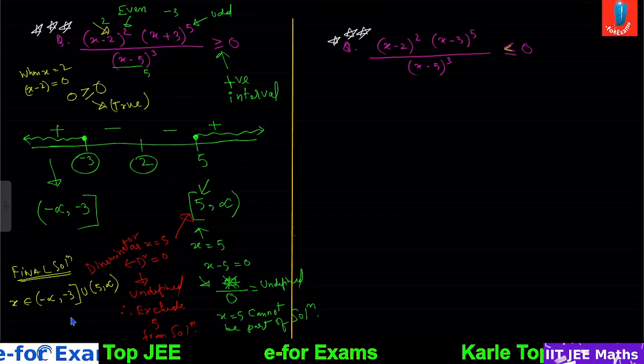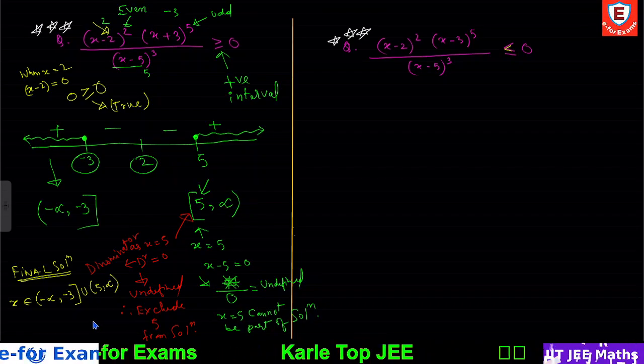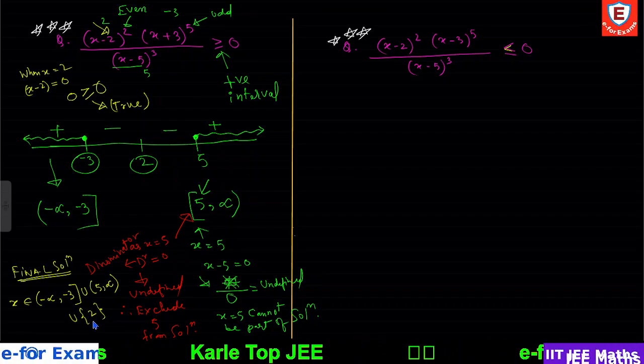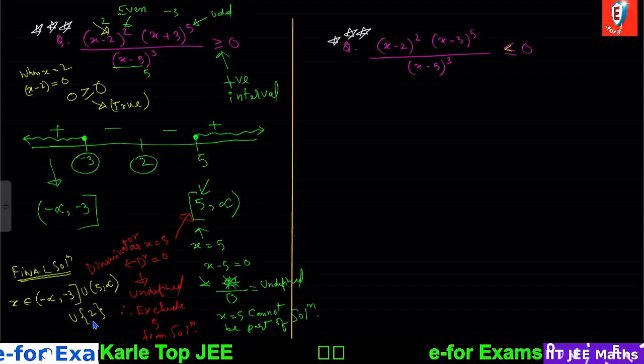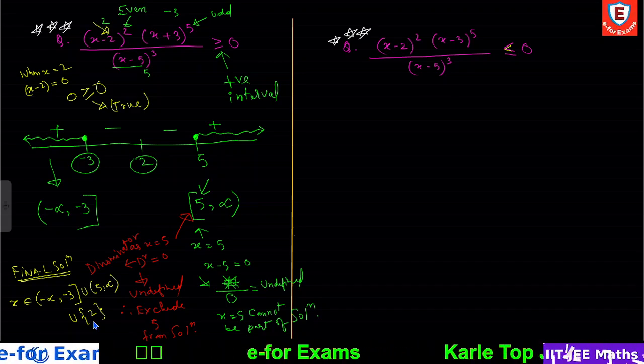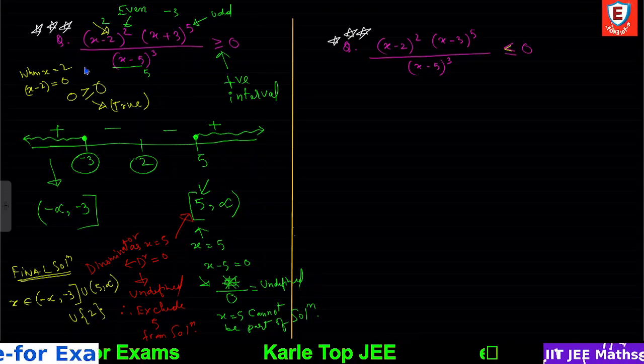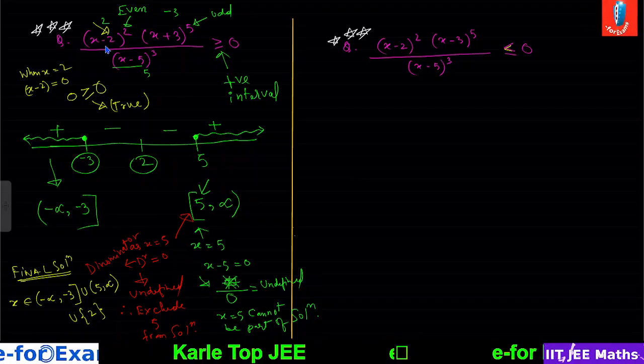Answer 2 and union singleton 2. So the final solution is x belongs to minus infinity to closed interval minus 3, union open interval 5 to infinity, and union singleton set 2. This singleton set 2 must be included.